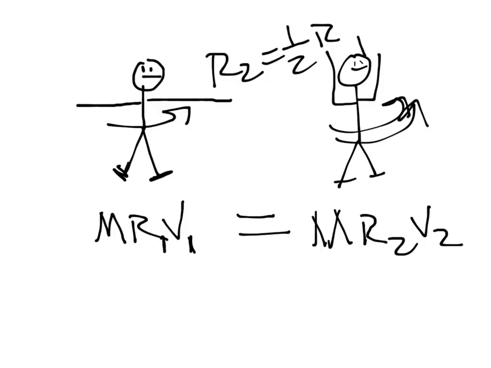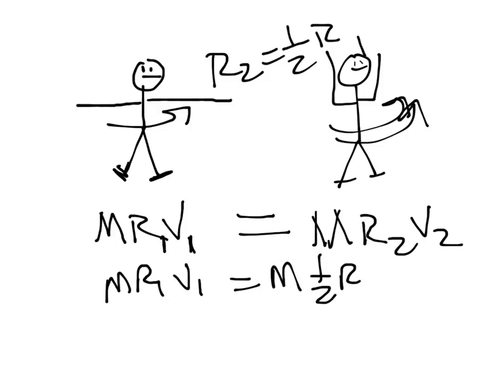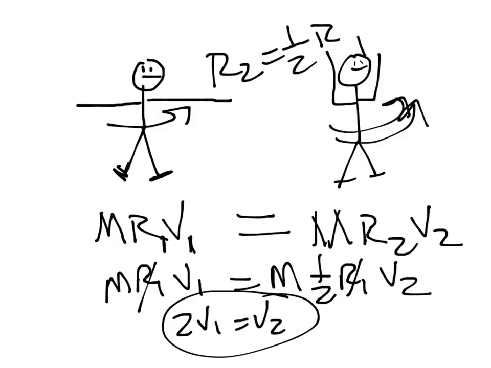And we finish the equation. So m r1 v1 equals m 1/2 r1 v2. The r1's cancel. We put 2 over here. So that means that 2v1 equals v2, meaning if this guy cuts his radius in half, he starts to spin twice as fast. Does that make sense? That's the conservation of angular momentum.